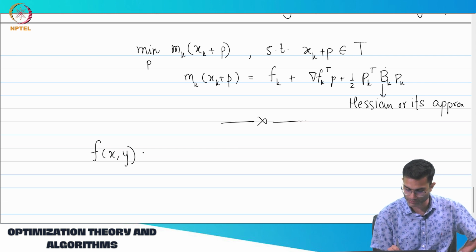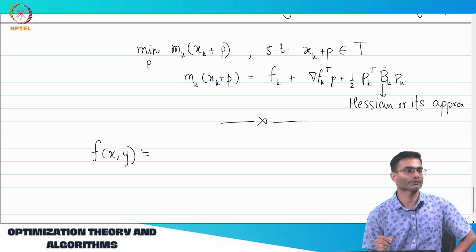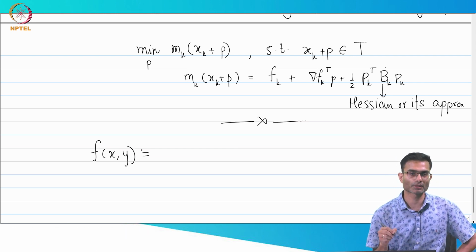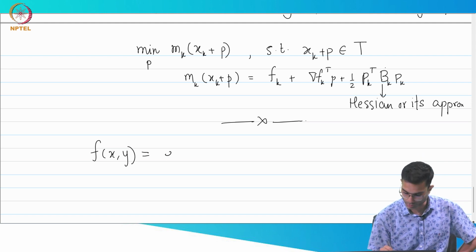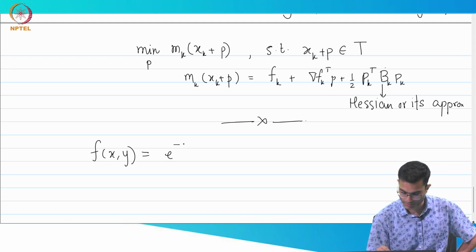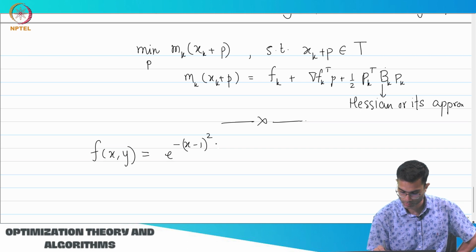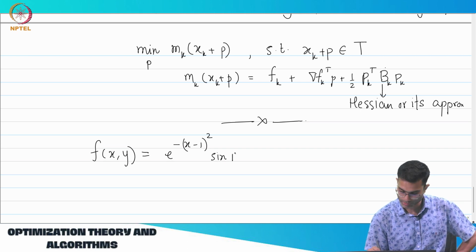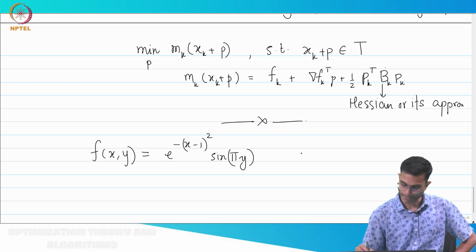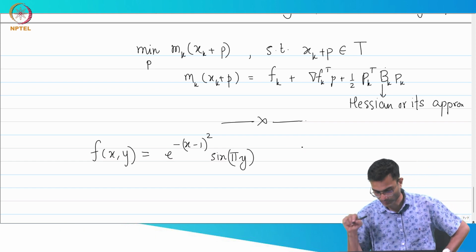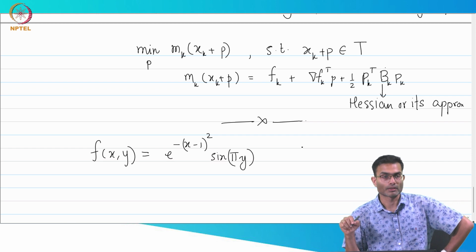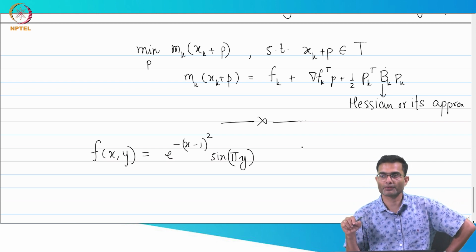A function of two variables, for the simple reason that we can visualize a three-dimensional plot, right? So e to the minus (x minus 1) whole squared times sine pi y, okay. Does this function look periodic to you?